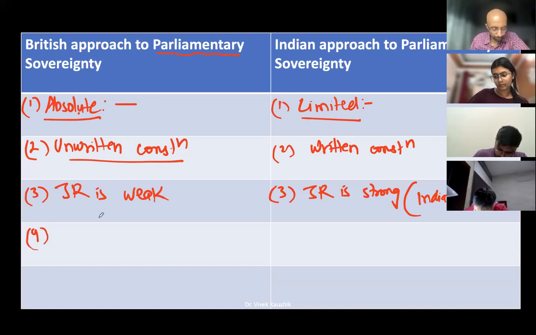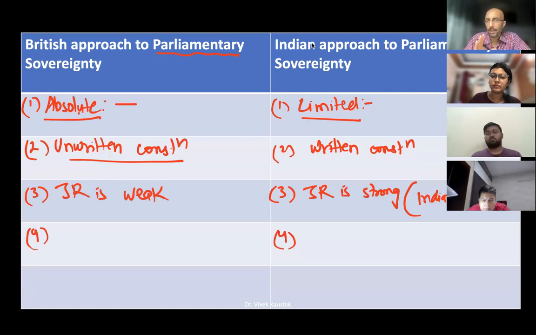Fourth point, a difference between us and them is that the Indian Parliament is not completely sovereign, because the Indian Parliament is under a major limitation.